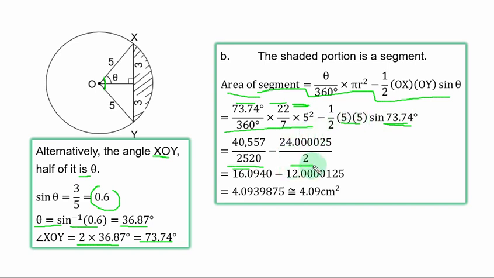If you divide each term, you have this result. And when you subtract, you have 4.0939875, which to 2 decimal places is 4.09 square centimeters as the area of the shaded portion.